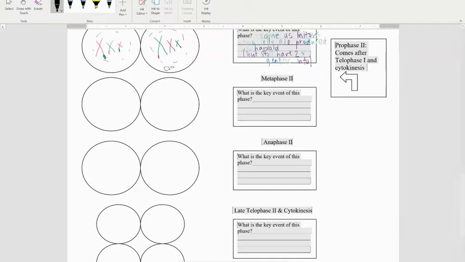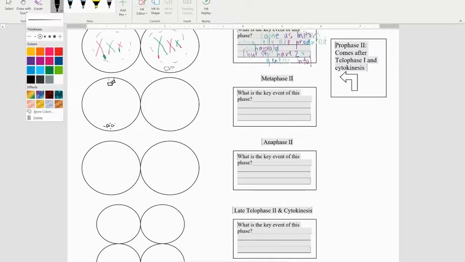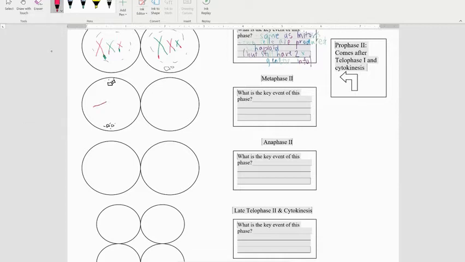So I'm going to go ahead and draw in my centrioles here. I'll draw in my spindle fibers in just a moment, but first I'm going to draw my chromosomes in the middle. For this first cell, I'm looking at these 3, and I'm just going to go straight down. It doesn't really matter which orientation I put them. I could put this big one over here, and it's possible that this whole chromosome flipped over. So I'm going to draw it here just to keep it similar.